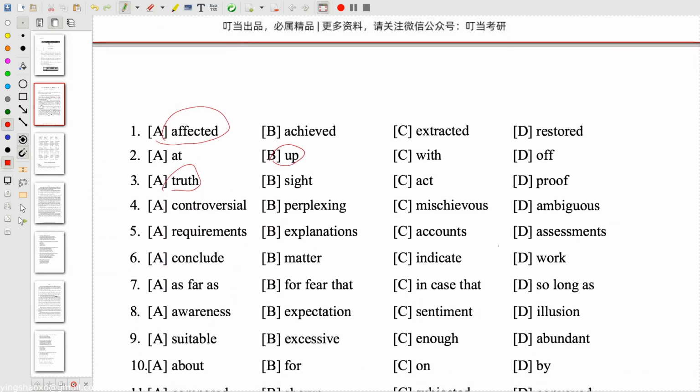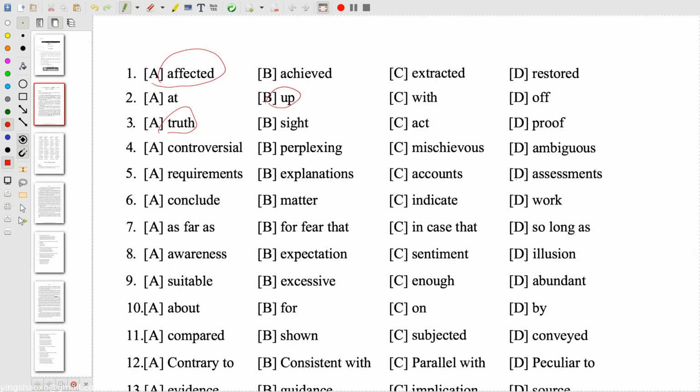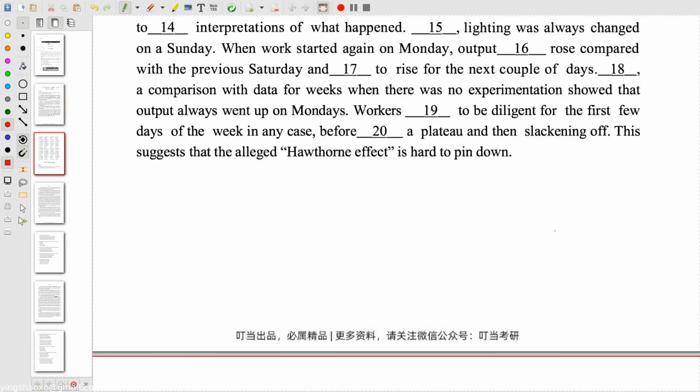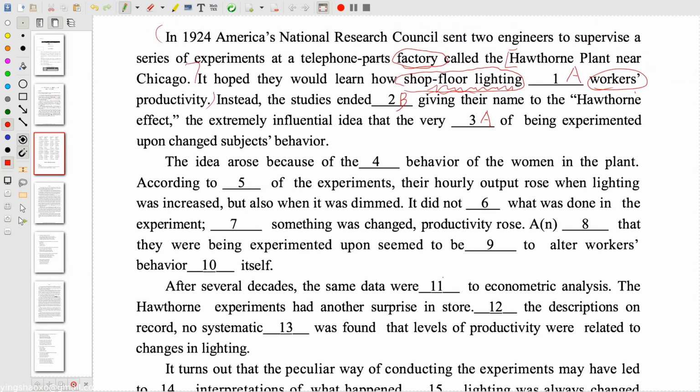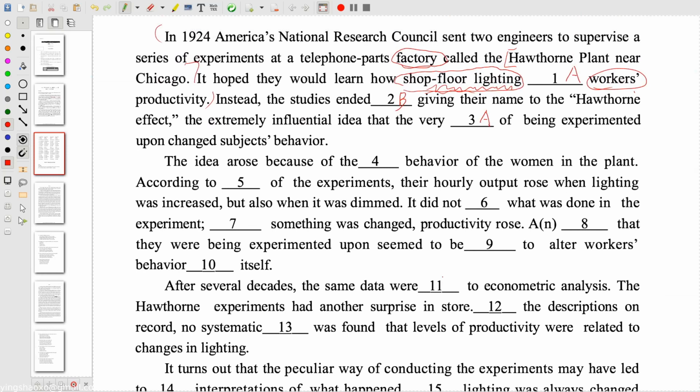According to the, I think I choose D, assessments. Although I have no idea about that sentence. So I choose D here.